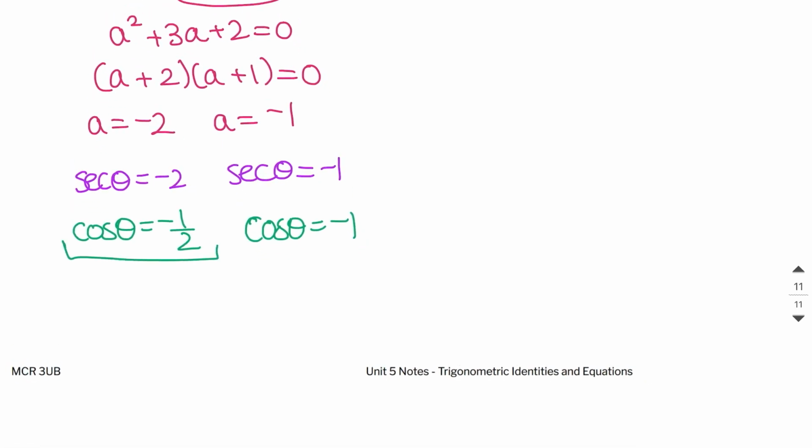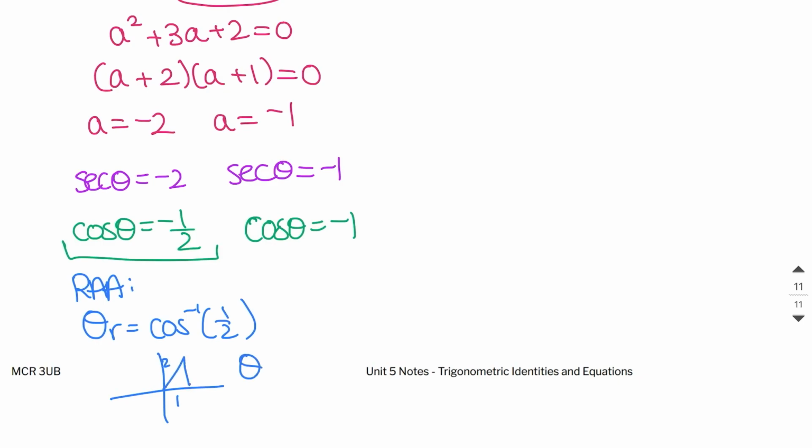In this right here, I need to find my related acute angle, and my related acute angle is going to be the inverse cosine of 1/2. I'm going to use my special triangles, and I know that when cosine is 1/2 right here, this related acute angle is going to be 60 degrees.